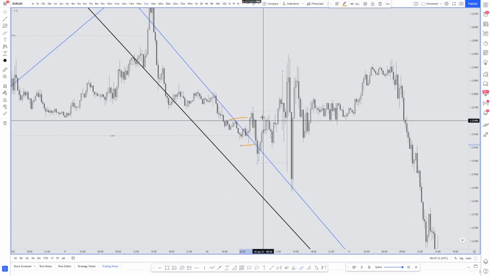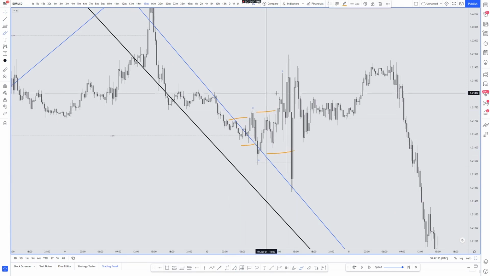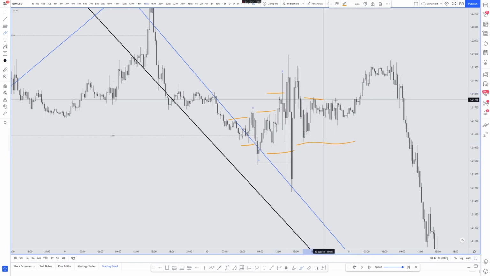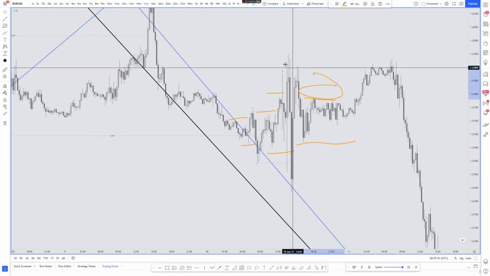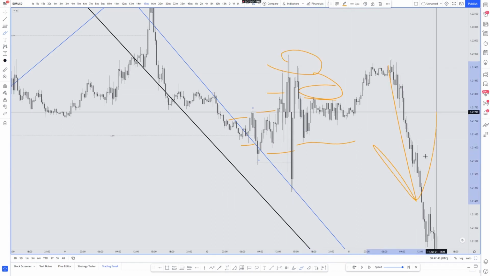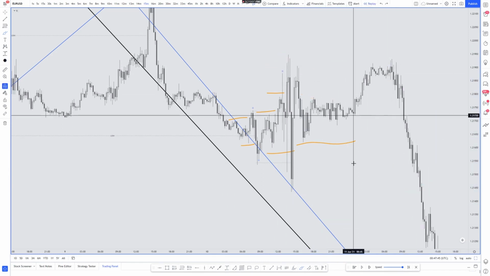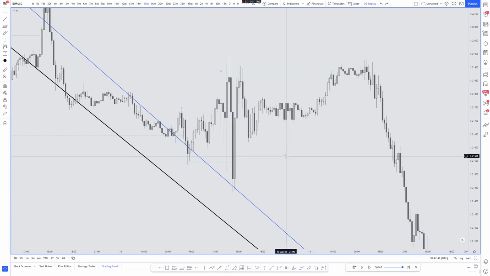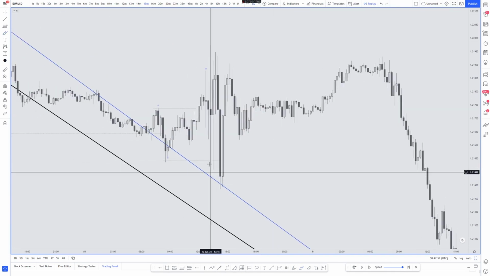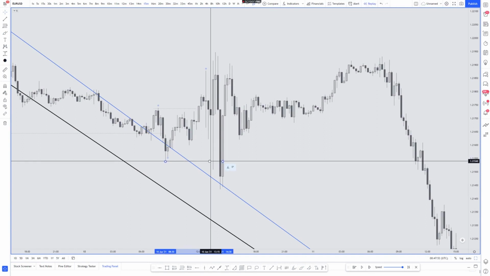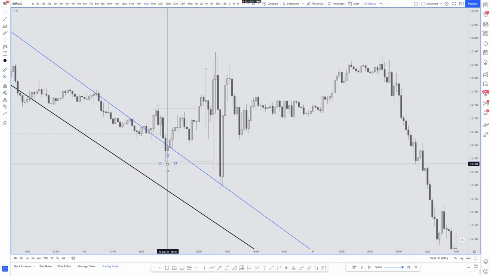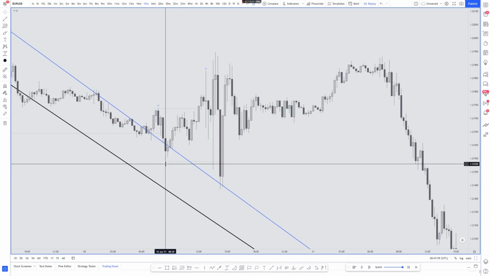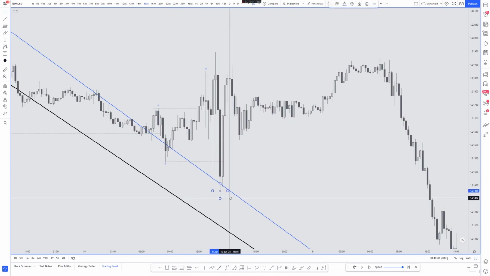Liquidity's wiped up, down, up, down, up, and you stack more liquidity here, stack liquidity here, you wipe it all, you wipe all of this, and then the real move begins. This is a very common scenario. You'll notice it happen over and over and over again. It is a couple sections up ahead where we talk about ranges and why they happen and what they are.